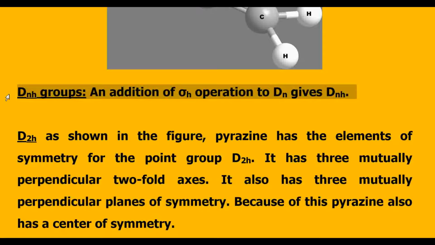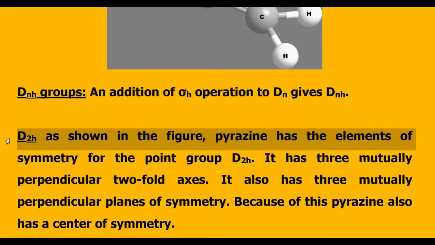And if you are able to find a sigma h in a molecule where you have a C2 axis perpendicular to the principal axis, then this molecule will belong to the Dnh point group.